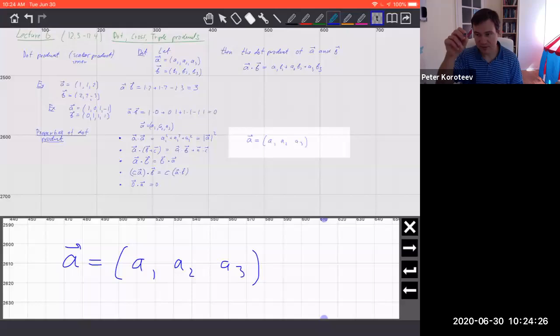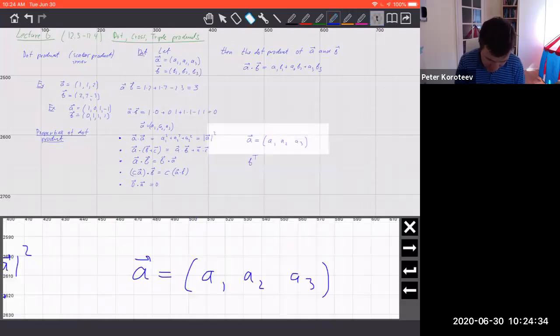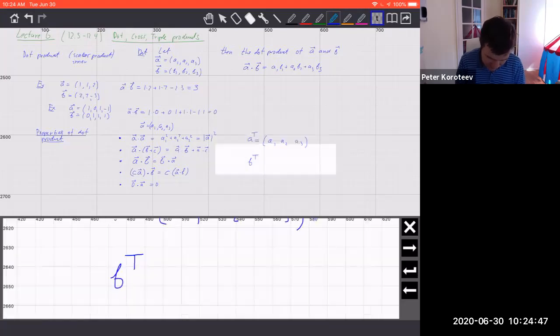So it's a matrix 1 by 3. And then you can take vector B, which should be transposed. To not abuse notation, let's say there's a matrix A transposed, and then there's matrix B, which is just the vector itself.